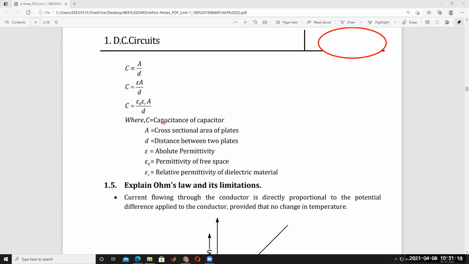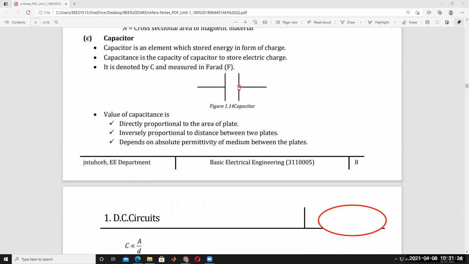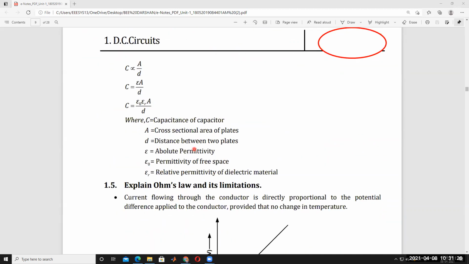Here, C is the capacitance of the capacitor. A is the cross-sectional area of the plates, and D is the distance between the two plates.